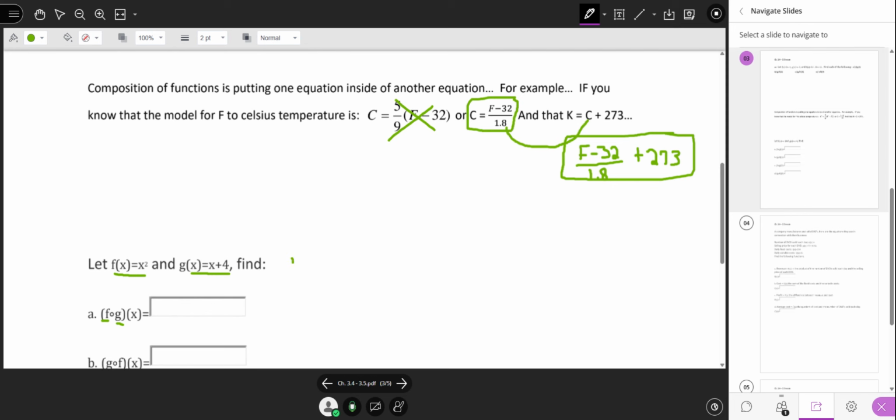Well, I could say find f of g of x. Or I could say replace f of g, or g of x, replace the g of x with x plus 4.